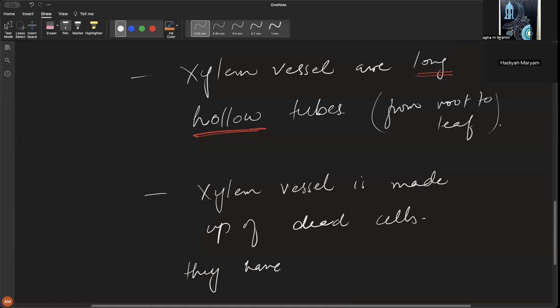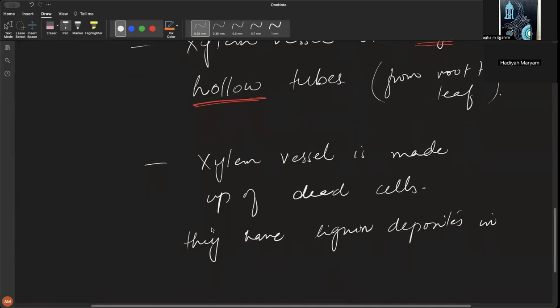They have lignin deposits in the inner side of the xylem vessel.